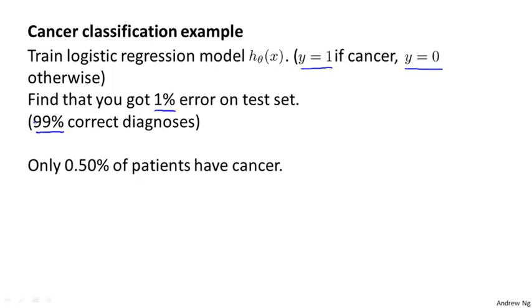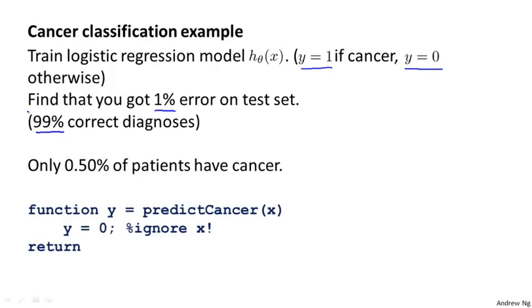But now, let's say we find out that only 0.5% of patients in our training and test sets actually have cancer. So only 0.5% of the patients that come through our screening process have cancer. In this case, the 1% error no longer looks so impressive. Here's a piece of non-learning code that takes the input features x and ignores it.